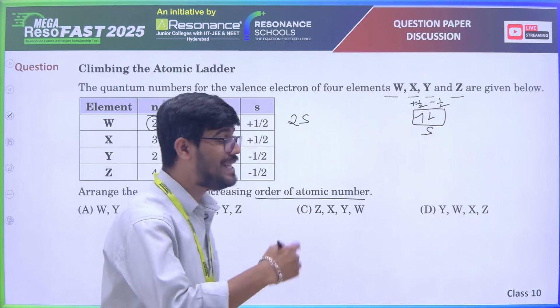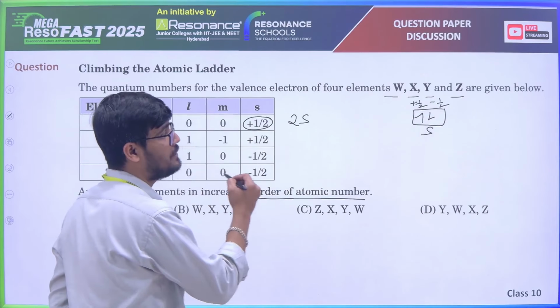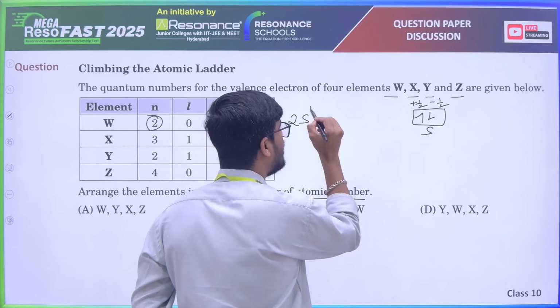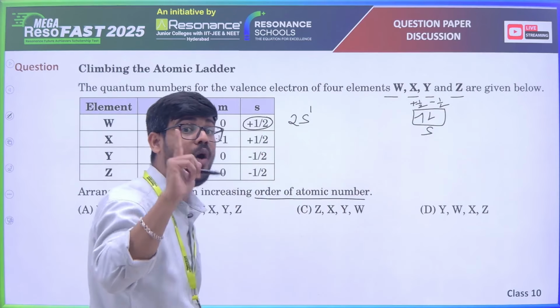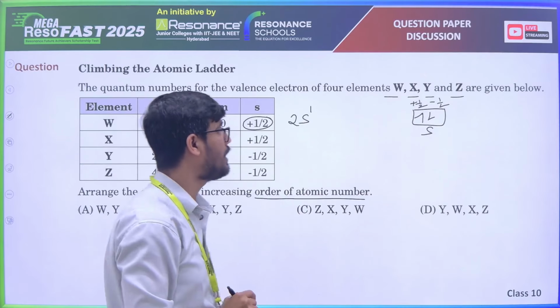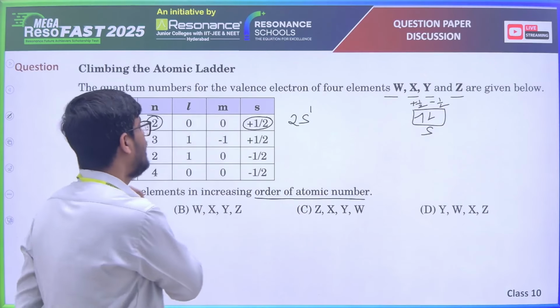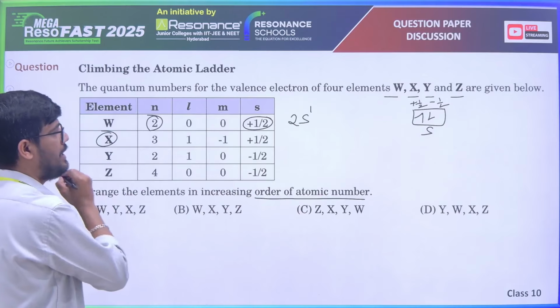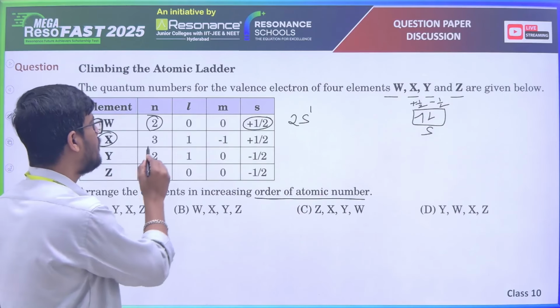Since the last electron has plus half, it is 2s1, so only one electron is present in the s subshell. So 2s1.